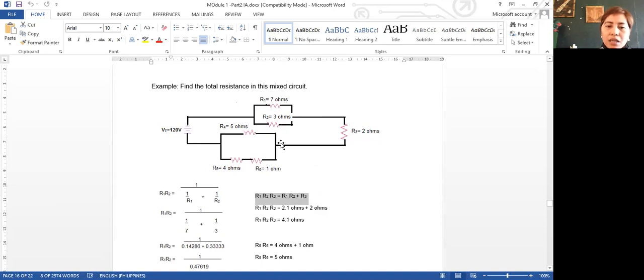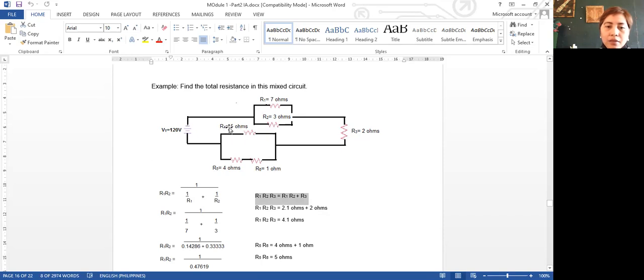Then you will see here in the next circuit, R4, R5, R6 is a combination. So the first thing that you will do before you add the total for R1, R2, R3 is to compute first the parallel. But if you take a look at R4, R5, R6, there is this series. So first, you add R5 and R6 before you apply the formula for the parallel.